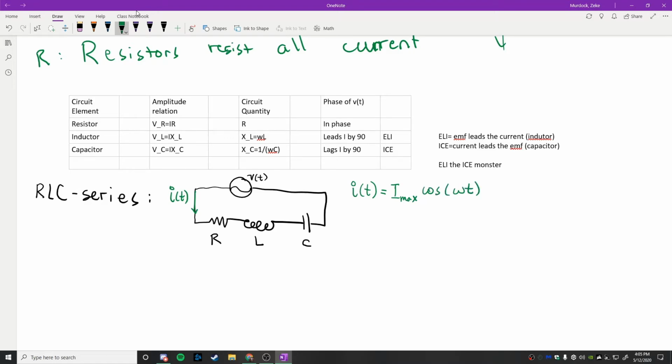Okay. And now what we're going to do is consider what happens to the voltage across all of our pieces right here.